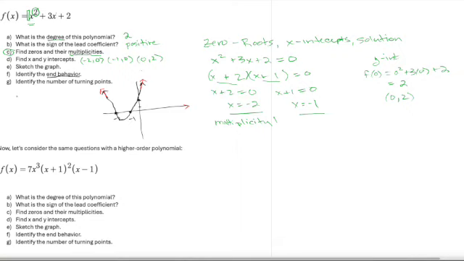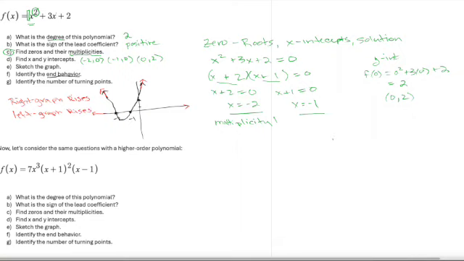And so the language that you'll see in the homework problems will be to the right, the graph rises. And then when I look to the left, so as x gets smaller and smaller, again, the end points up. So we would say the graph rises.